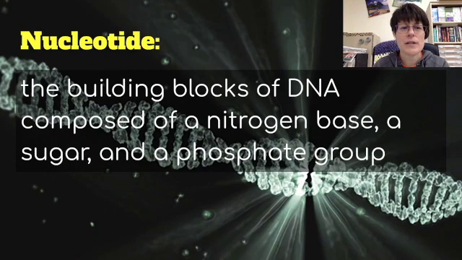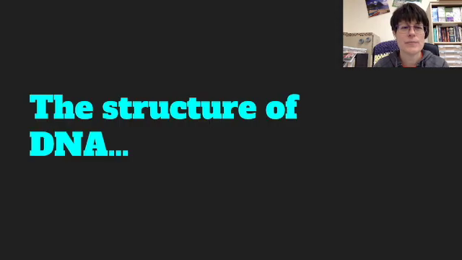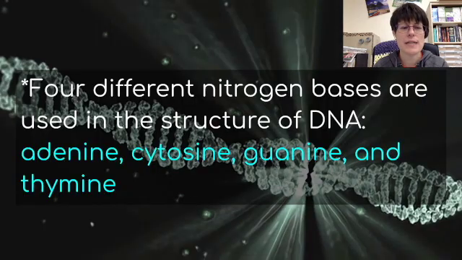Now, the DNA is also made up of nucleotides. These are the building blocks of DNA composed of a nitrogen base, a sugar, and a phosphate group. Now let's talk about the structure of DNA. There are 4 different nitrogen bases in the structure of DNA, and they are adenine, cytosine, guanine, and thymine.